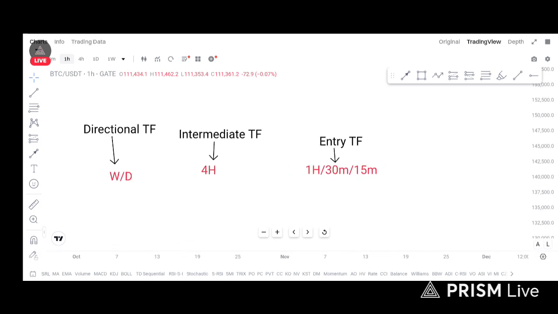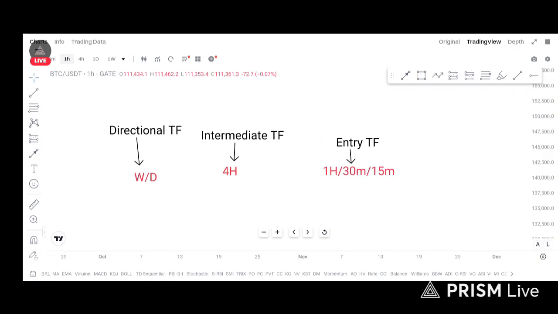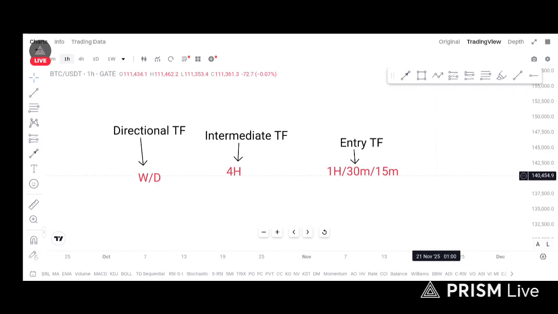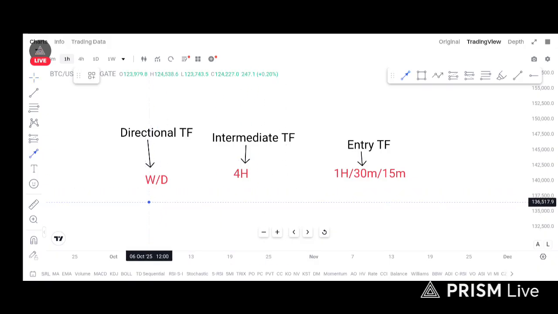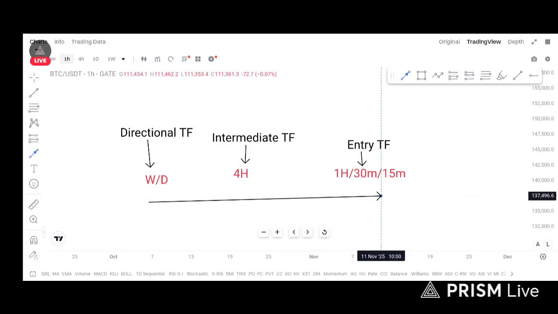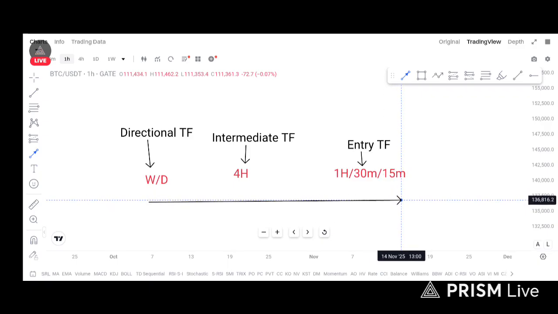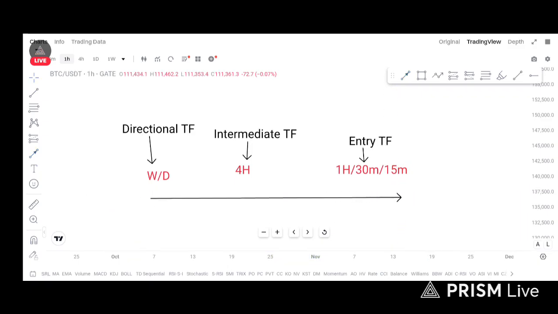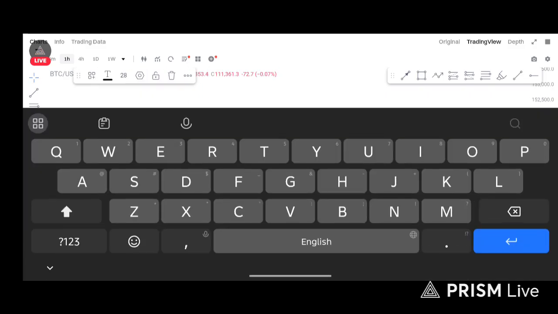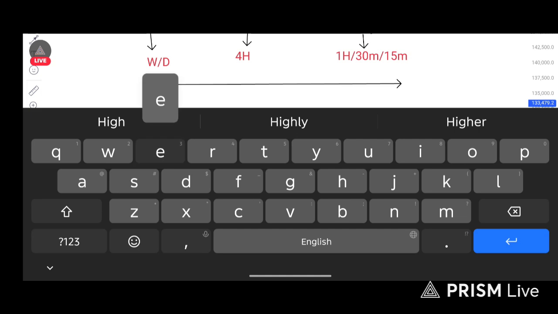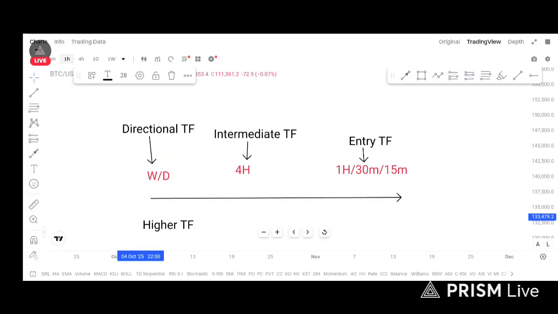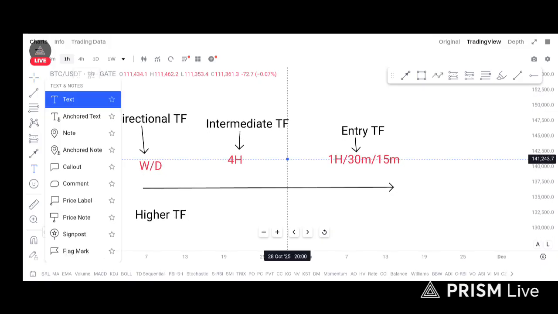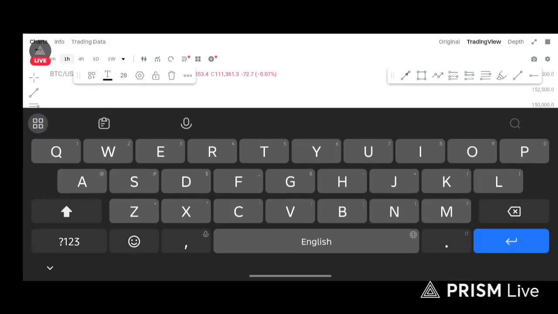Now this being said, whenever I talk about higher time frames, this is the order: you are going from higher time frame to the lower time frame. This is how the order is. We don't want to go lower than this.